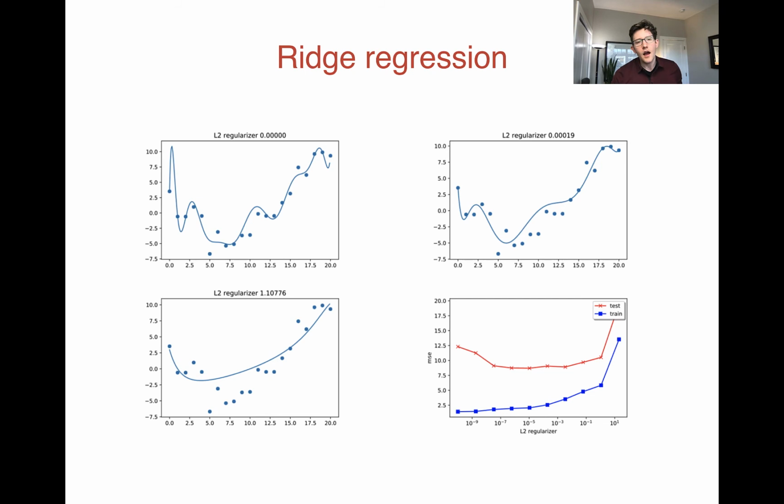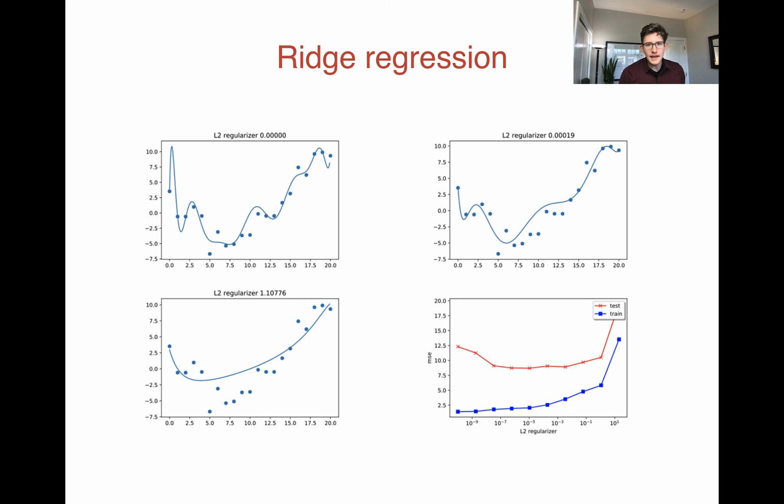So let's see how adding this L2 regularization to our linear regression helps us with overfitting. We're looking here at a polynomial regression. I believe there's 21 points here, and we're going to look at a 14-degree polynomial. If we just fit a 14-degree polynomial to these 21 points, we get this funky thing that definitely looks like it's overfit.